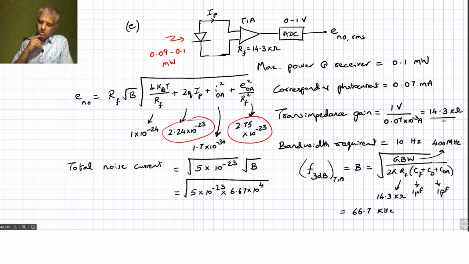Okay. If we do the math, so that corresponds to 30 and it's another 3, so about 33, so 34 into 10 power minus 19.